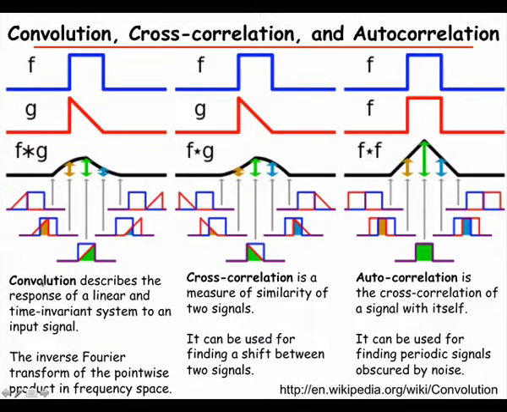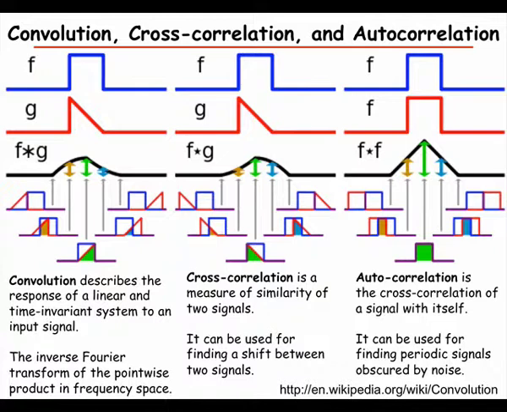And actually, if we have a symmetrical function, cross-correlation and convolution will give the same result. But the way people see convolution is that it describes the response of a linear time invariant system to an input signal. So that's one way of looking at it.